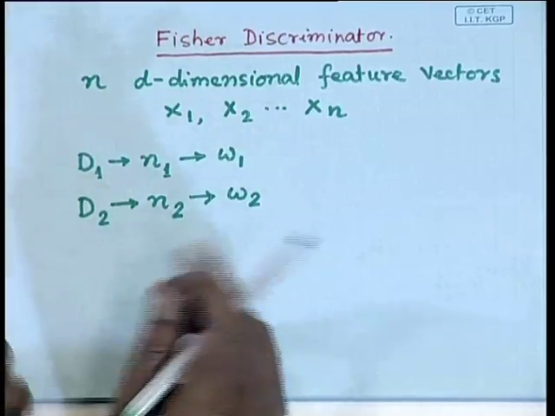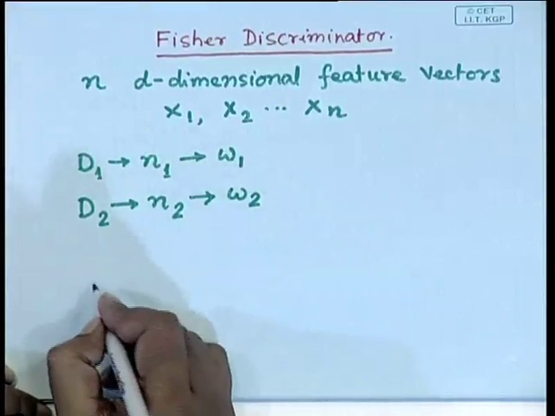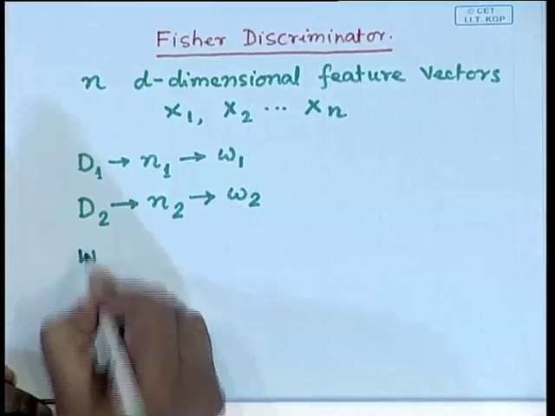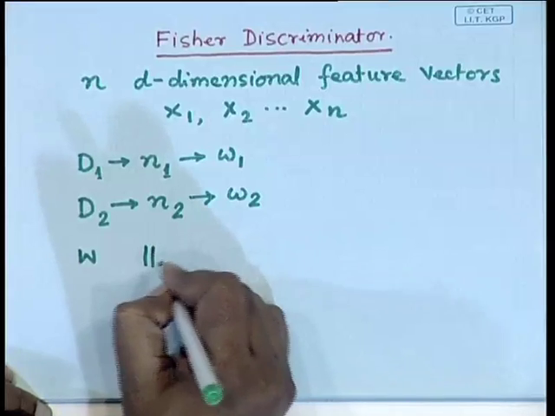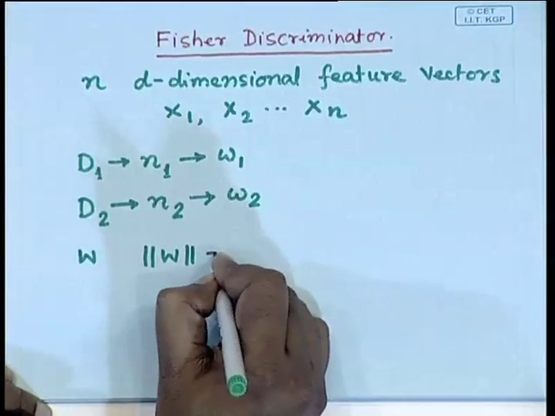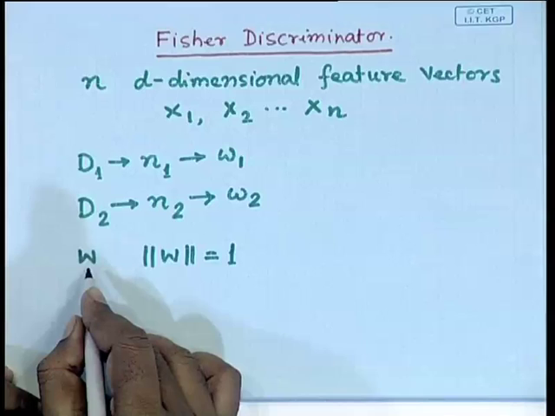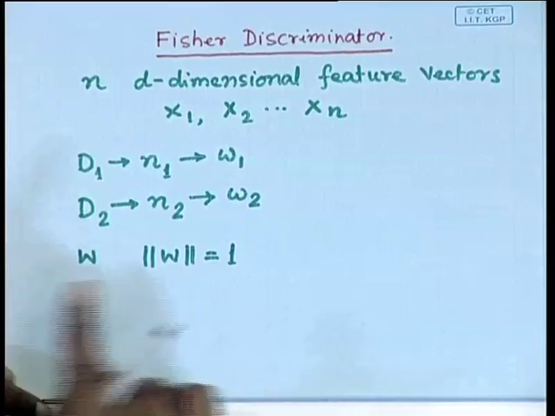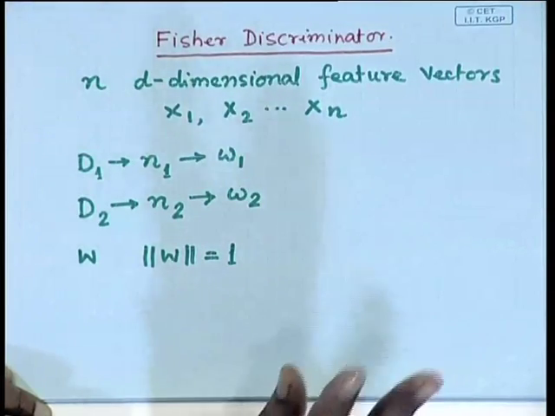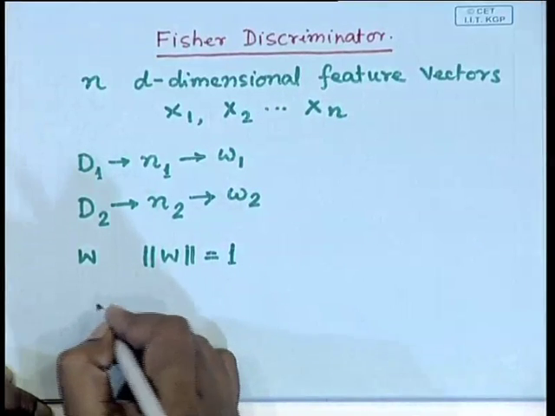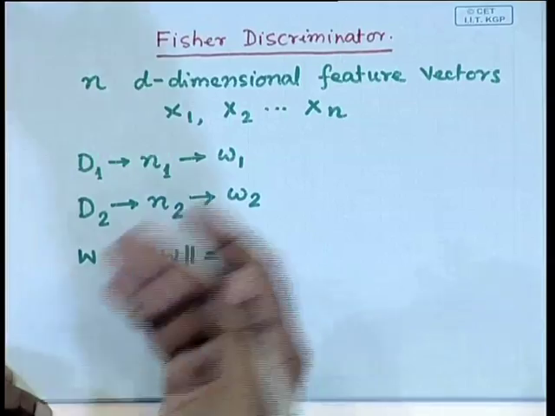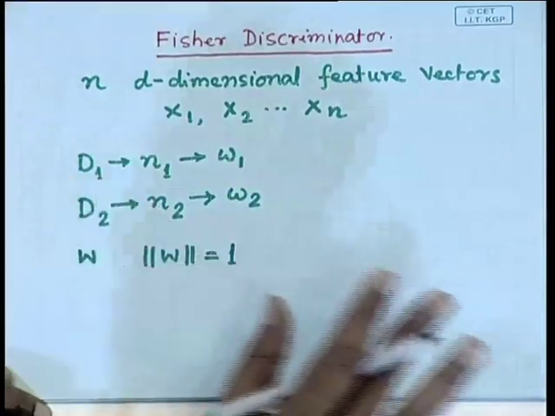Suppose I take a projection direction W, where I assume that modulus of W is equal to 1. That means this is a unit vector in the direction of the projection line. Given a feature vector x i, when I take its orthogonal projection, because as we said the orthogonal projections are the best projections, so whenever we talk about projection, we will talk about orthogonal projection.